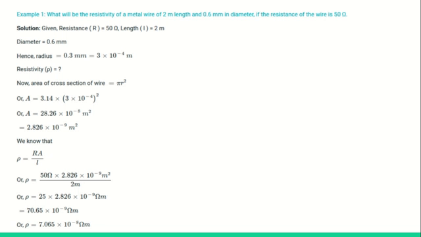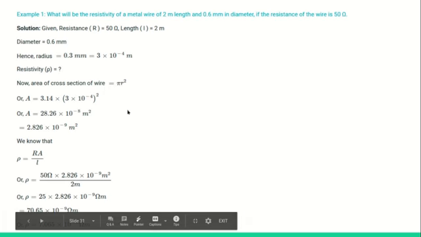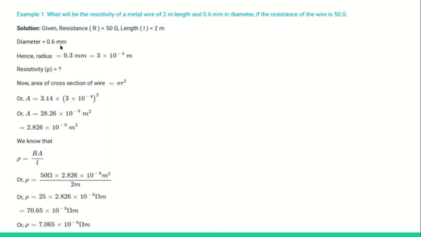We shall see the examples relating to those formulae. What will be the resistivity of a metal wire of 2 meter length and 0.6 millimeter in diameter, if the resistance of the wire is 50 ohm? Here you have resistance 50 ohm and the length as 2 meter, and the diameter is given as 0.6 millimeter.